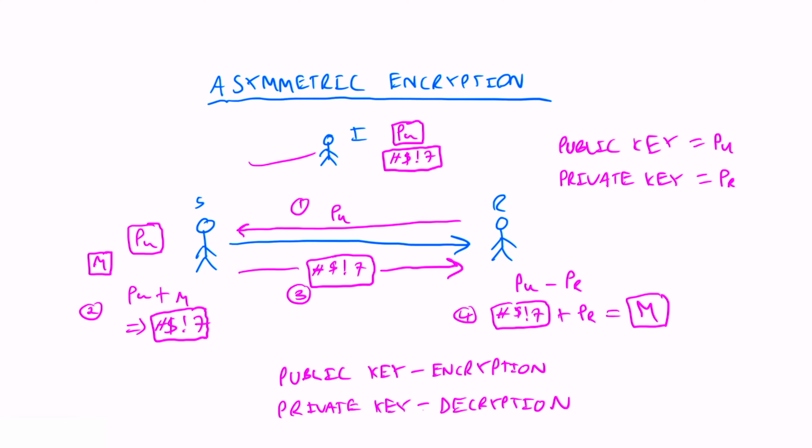However, our interceptor unfortunately does not have the private key. They only have the public key, and the public key cannot decrypt our encrypted message. So this is how asymmetric encryption works, by overcoming the shortcomings of symmetric encryption by sending a public key, which the sender will use to encrypt, but making sure they always keep their decryption key, the private key, on them at all times.